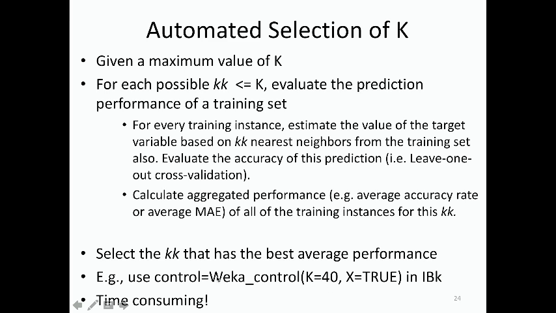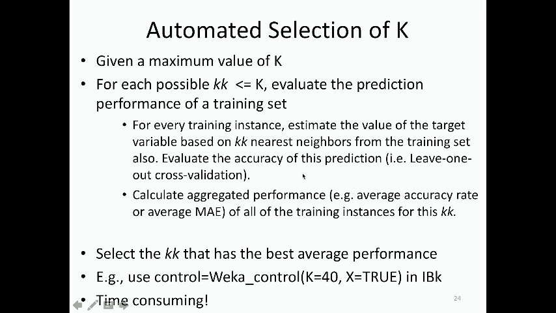in the function, for example, in function IBk. And when you specify this, it is only the training phase, not really training a model. When the IBk function is called, it's not the testing phase, so there's no testing data given yet. So this K will be selected using training data. And how do you evaluate the performance of different K?